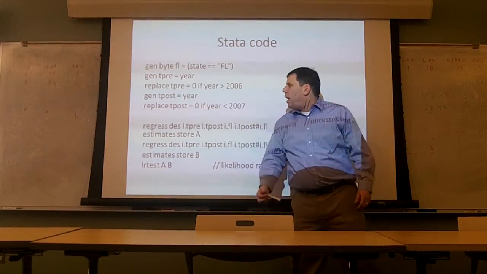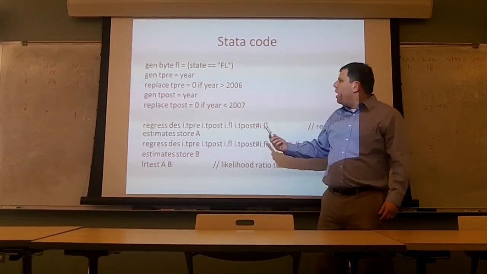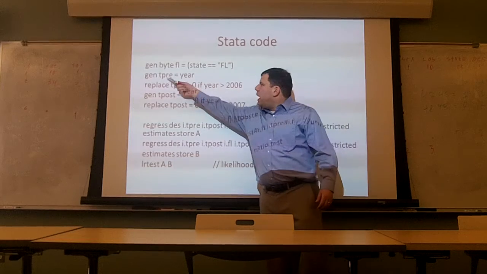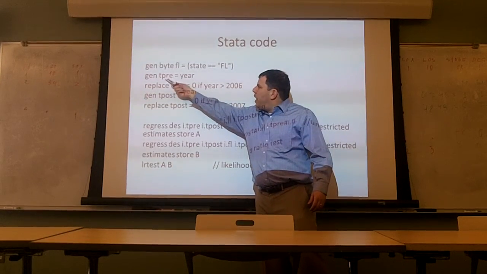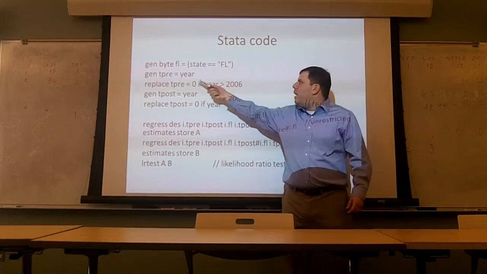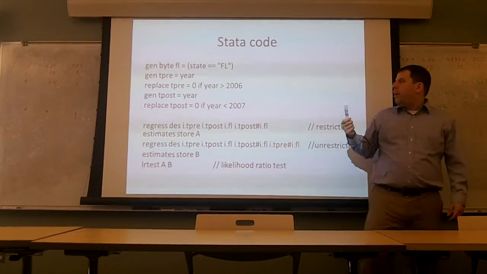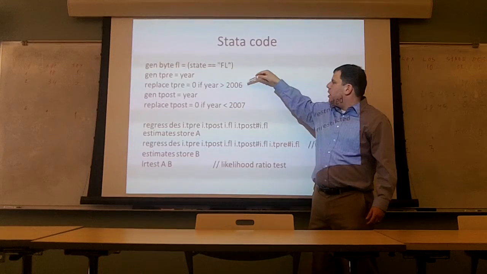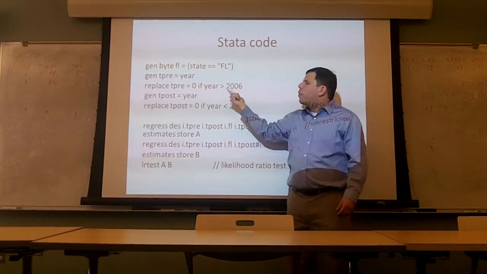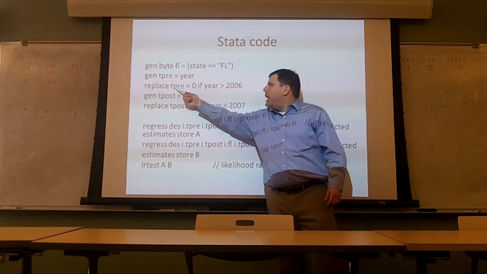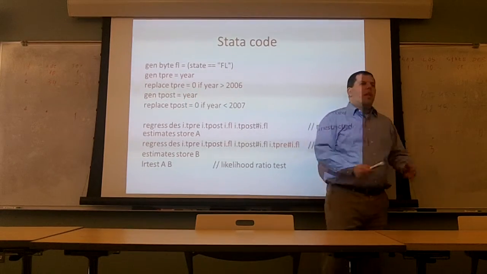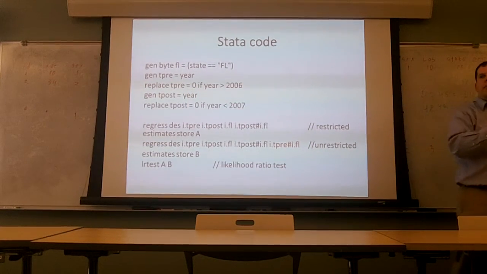Then I want to specify linear trends. So let me generate this new variable T pre, that's my pre-period trend, equals year. But I want to cut it off for years after my intervention. My intervention occurred at the end of 2006. So if year is greater than 2006, I want to make T pre equal to 0, because I only want legitimate values for the pre-period trend.